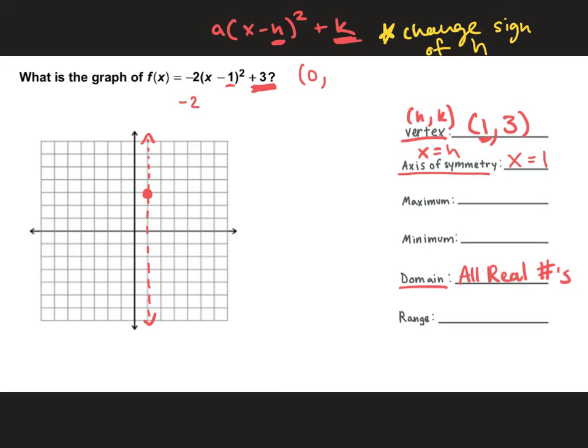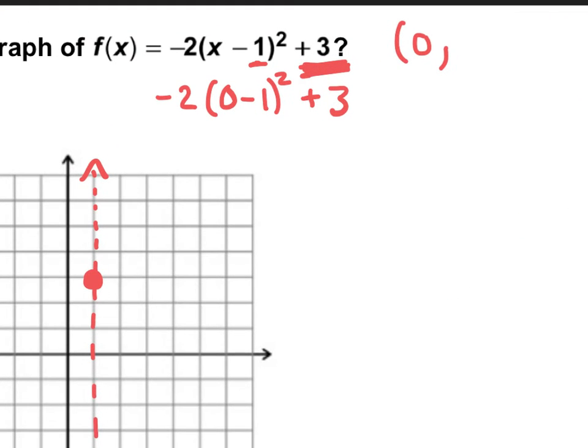So we have -2 times 0 minus 1 squared plus 3. Now we want to solve this. So PEMDAS, what do we need to do first? What comes first for PEMDAS? What's the P in PEMDAS?